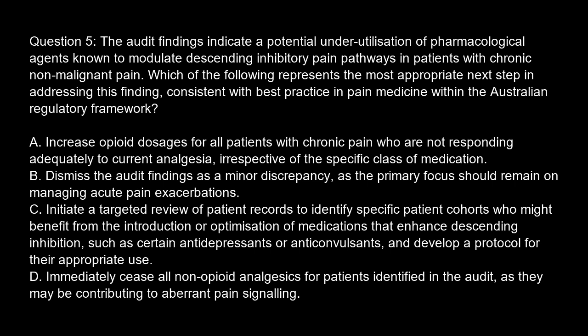Option C. Initiate a targeted review of patient records to identify specific patient cohorts who might benefit from the introduction or optimization of medications that enhance descending inhibition, such as certain antidepressants or anticonvulsants, and develop a protocol for their appropriate use. Option D. Immediately cease all non-opioid analgesics for patients identified in the audit, as they may be contributing to aberrant pain signaling.